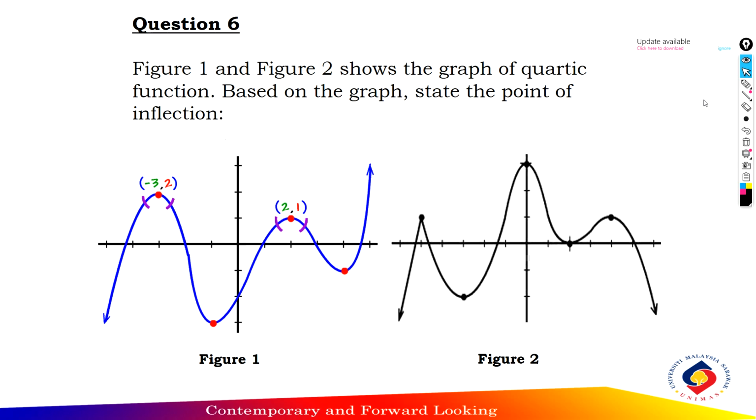Question 6. You state the inflection points based on the given graphs. First, you state the relative maximum and relative minimum points. The relative maximum points exist at (-3, 2) and the second at (2, 1).